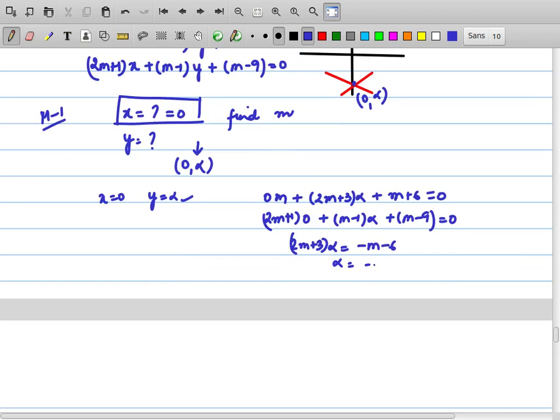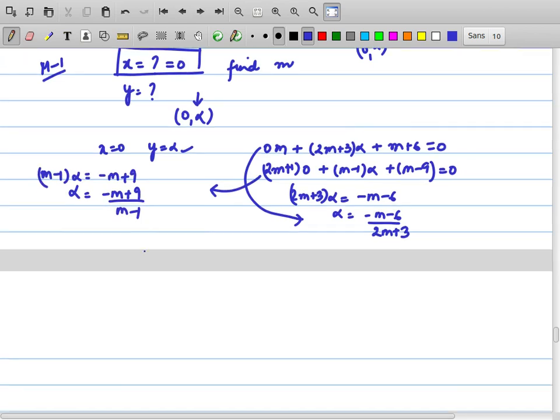Therefore alpha is what? Minus m minus 6 upon 2m plus 3. This we have got from the first equation. Similarly, for the second one, we have (m minus 1) times alpha is equal to minus m plus 9. Alpha is what? Minus m plus 9 upon m minus 1. Therefore, both these alphas are the same. Therefore, we can equate them.